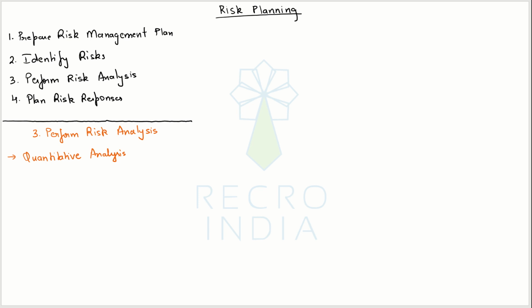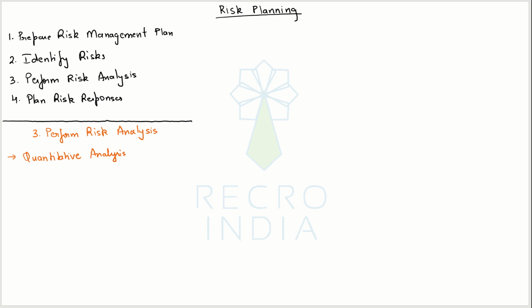The second thing that I want to add here is that the quantitative risk analysis that we are going to discuss usually has a different perspective towards risk analysis. Qualitative, which we were discussing in the previous video, was looking into each and every individual risk event and trying to understand the severity of individual risk items.